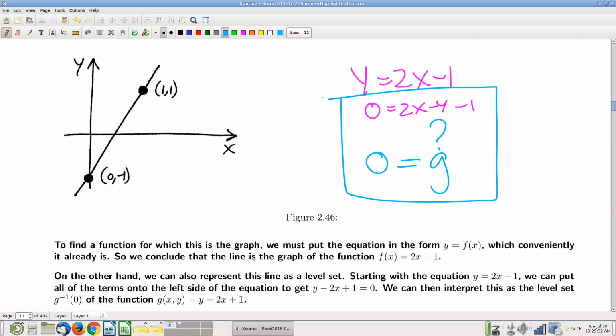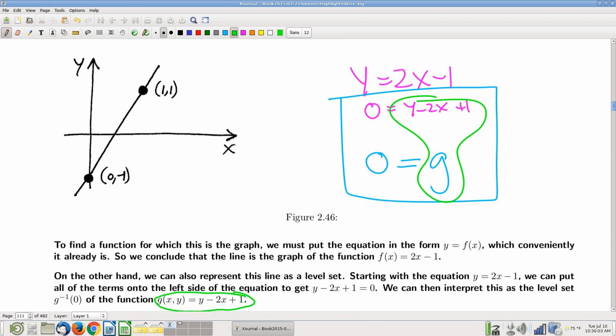So I would be perfectly within my rights to say that yes, we are looking at a level set of that function. And what I did here in the book, arbitrarily I subtracted the other direction and got, this is of course just as equivalent, y minus 2x plus 1, morally equivalent, giving me that function there.